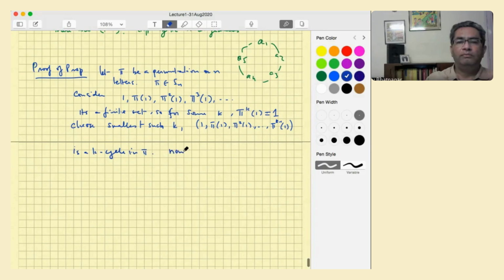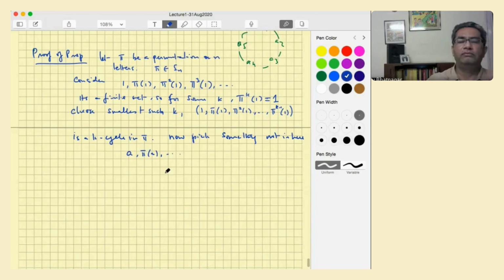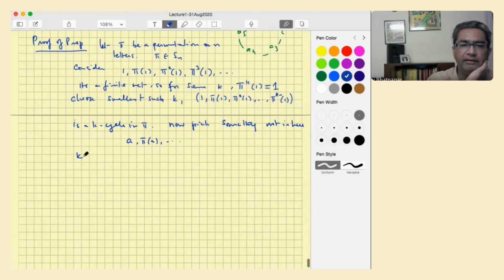Now pick the next guy, pick something not in here and do whatever. Let's say a, then do pi of a and so on. So keep going until you cover all the letters.